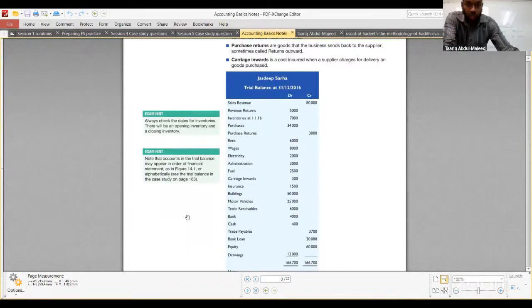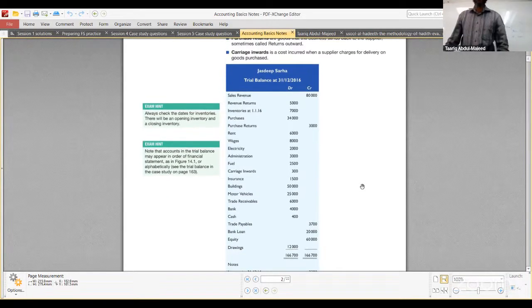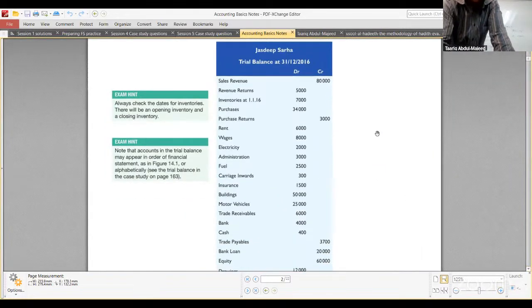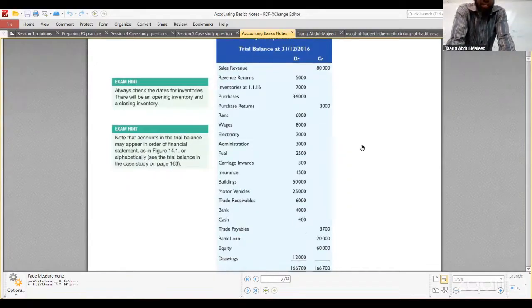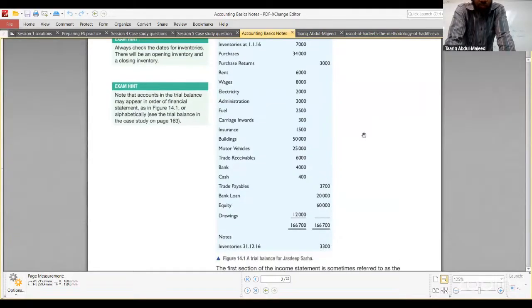On the second page, it goes straight into the trial balance, right, where it shows the sales revenue, revenue returns, inventory at this date, purchases, purchase returns, rent, etc. All of that is representing the trial balance. Okay.